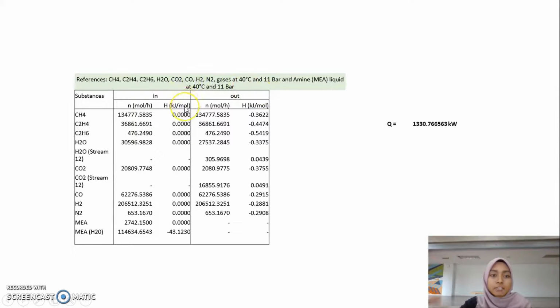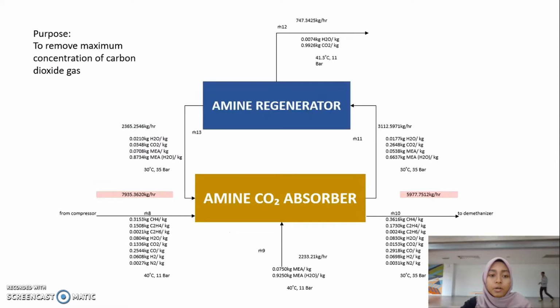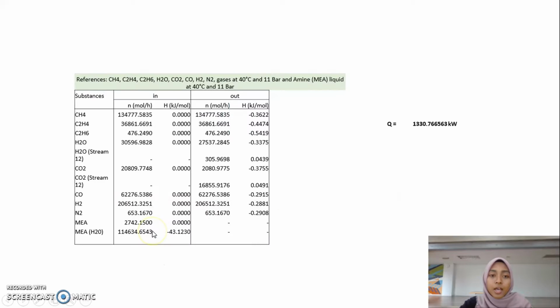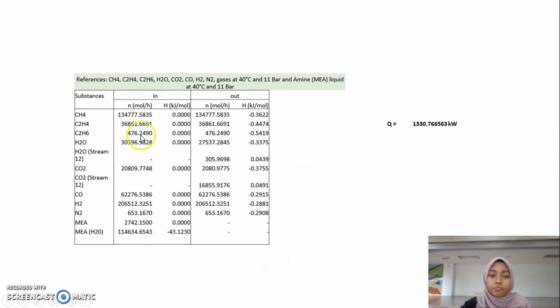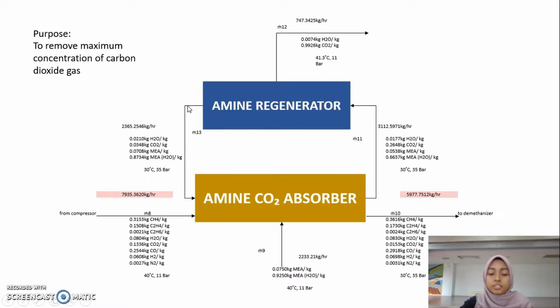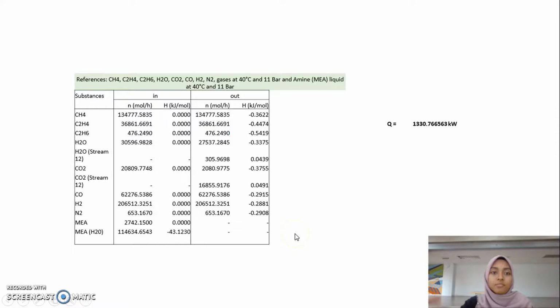In this case, to simplify my calculation and make it easier, I make the pressure and temperature of the inlet stream the reference state, including M9, the temperature and pressure of M9 liquid is also the reference state.